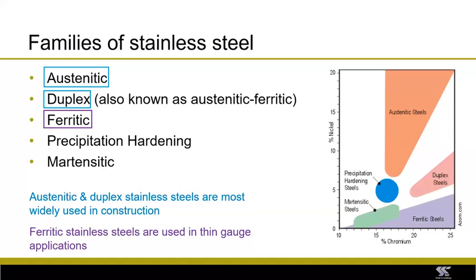Well, nickel is useful because that improves the formability and the weldability of stainless steels. And you need the chromium and also molybdenum and nitrogen to increase the corrosion resistance. So let me quickly run through these 5 families.